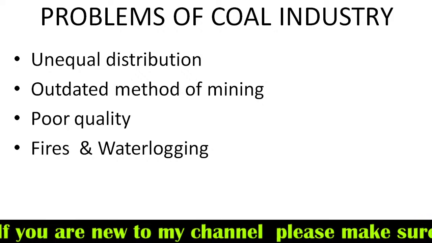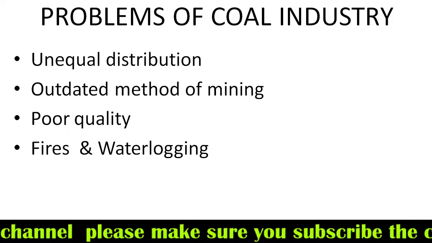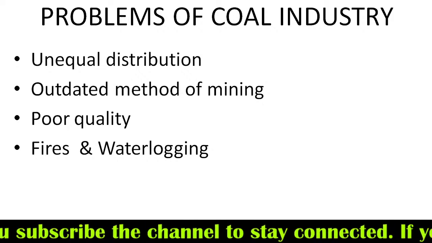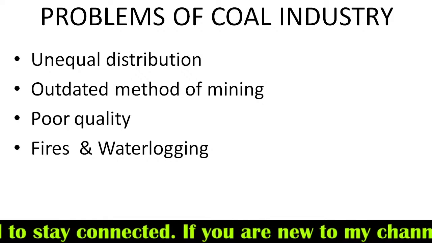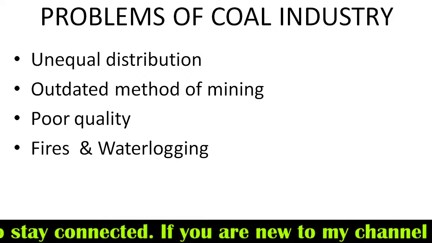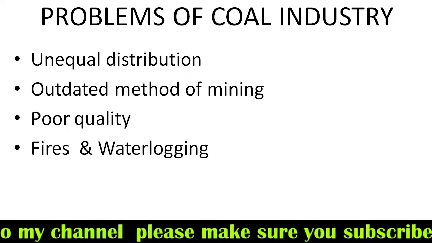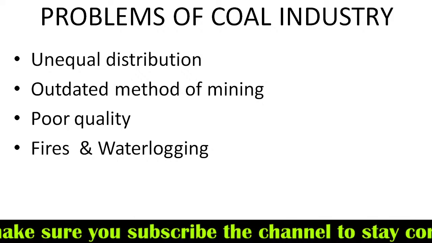The quality of coal which is available, the anthracite coal percentage is very little, whereas the bituminous, the second grade and third grade coals are available in large amount. So this poor quality of the coal is also one problem faced by the coal industry.